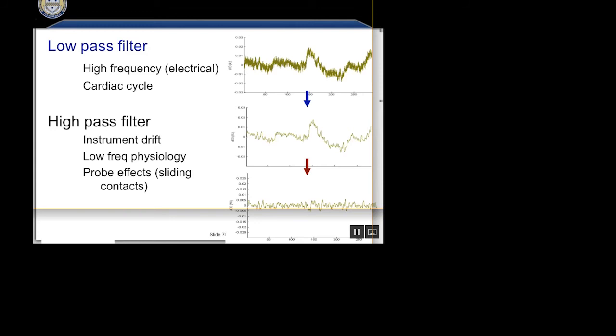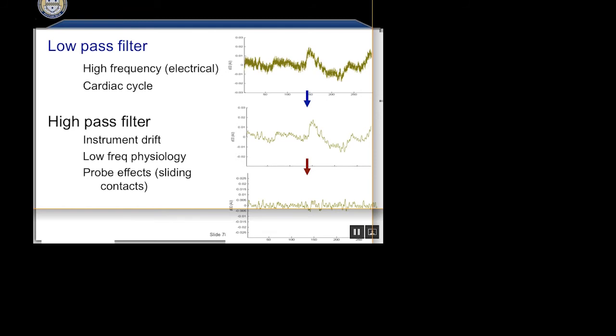So for something like cardiac oscillations, fast oscillations, if I put a low pass filter, a low pass filter is going to allow frequencies lower than the cutoff to pass. And so if I choose a low pass filter at, say, 0.5 hertz, all that cardiac oscillation at 1 hertz, at 1 beat per second, is going to get filtered away.